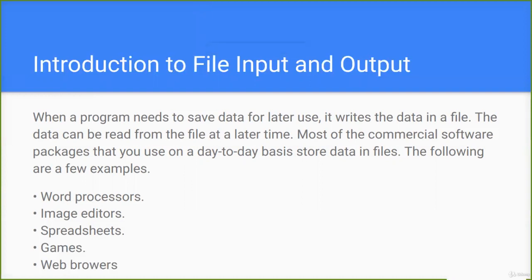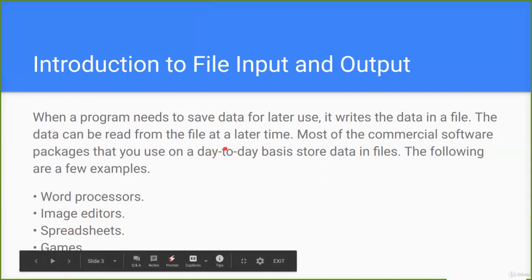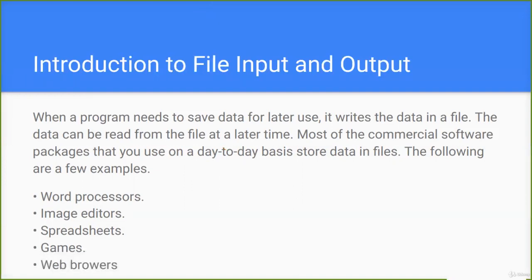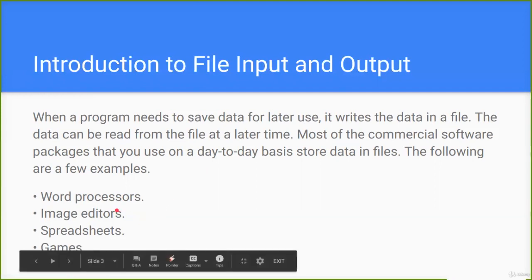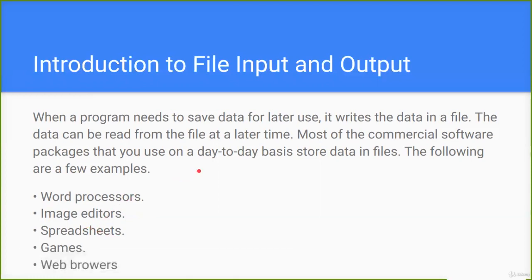Okay, suppose I need to create a text document. How do I do that? I will simply right click upon my screen or at some location, and I will say create new document, and I will create an empty text file. I can as well create an empty Word file, empty image file, empty spreadsheet, or an Excel file.